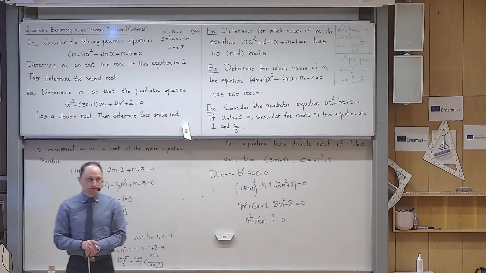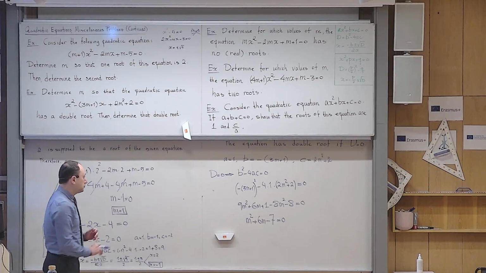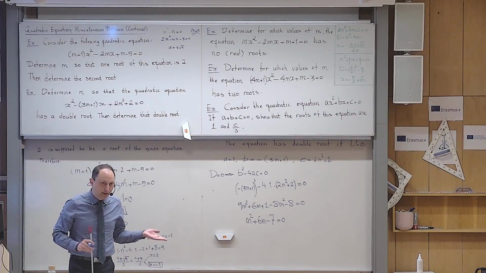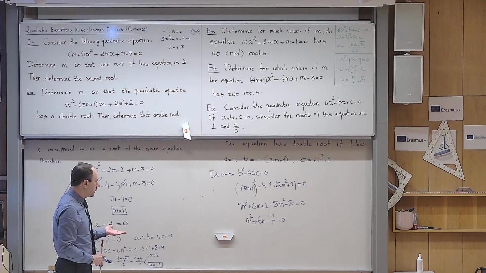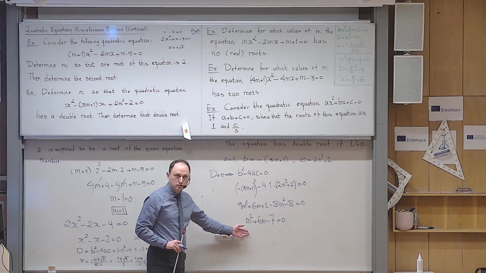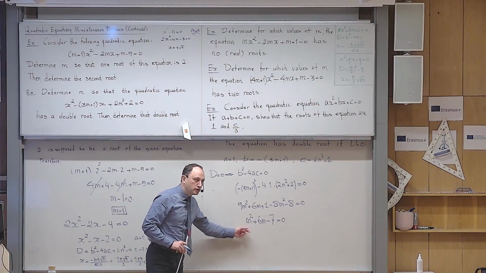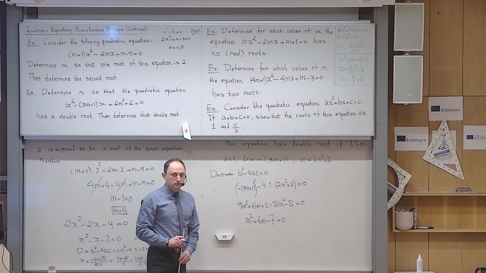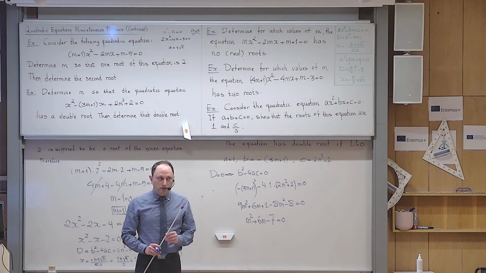Yes or no? Okay. But what can I do for this one? Still I am looking for m. Don't get confused. I haven't found the m yet. I am supposed to find m. So what should I do? You will tell me you have to solve this equation. But what type of equation is this one now? ABC. What type of equation?